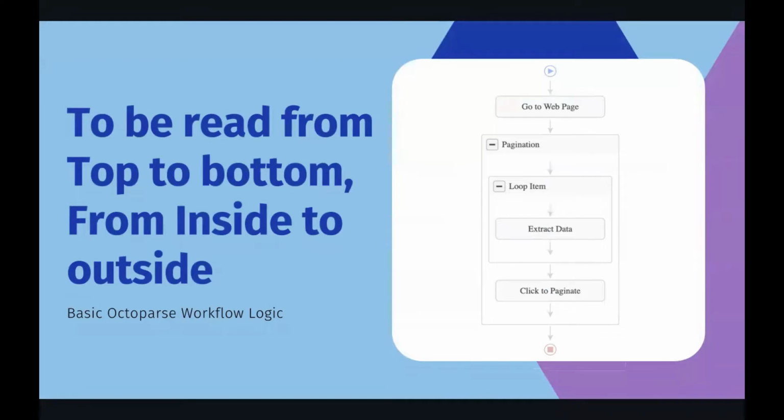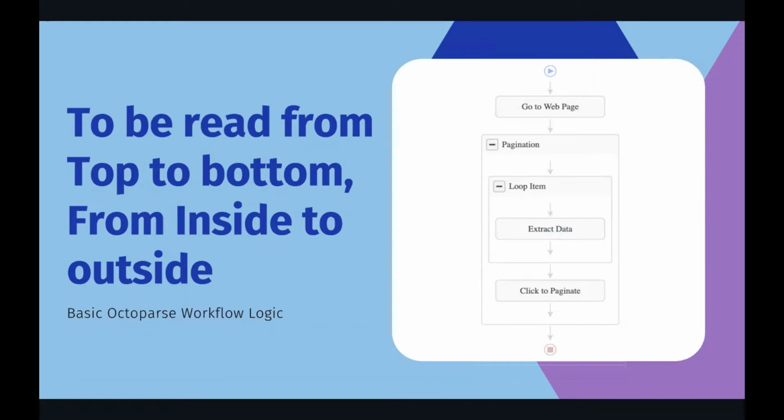Let's take a look at this very classic example on the right-hand side. The first thing Octopus will do to follow this particular workflow is to go to a web page, meaning to open the target web page. Then the loop item action will instruct Octopus to locate a list of elements on the page. The extract data action will start to extract data from this list of elements.